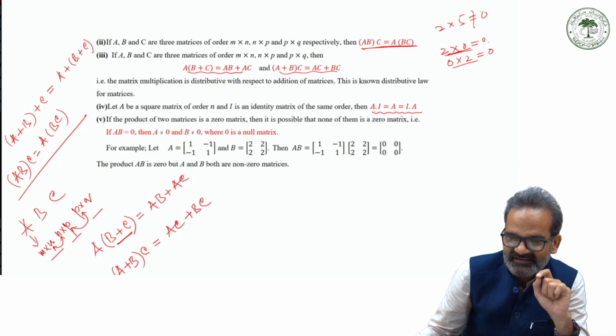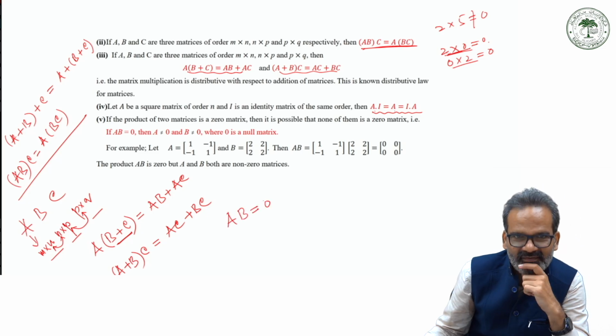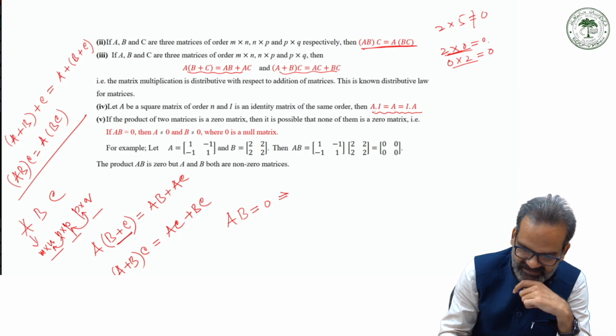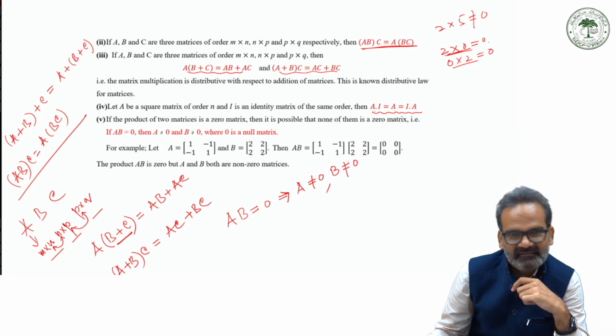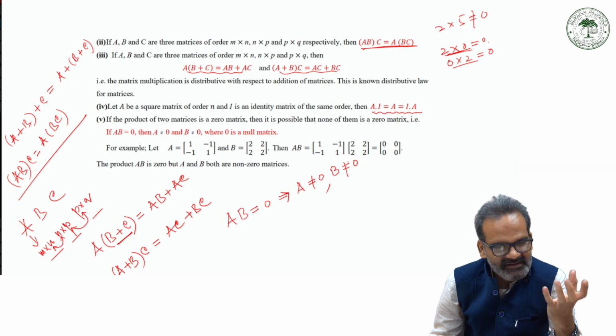But here in matrices, if we take two matrices A and B, their product is 0, then this implies that neither A is 0 nor B is 0. Are you getting the meaning of this property? What does it mean? It simply refers to if we take two non-zero matrices.